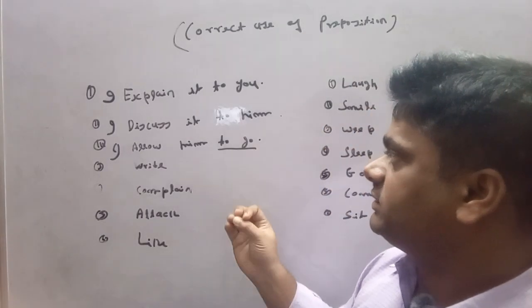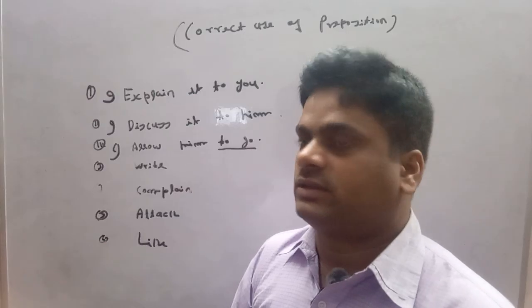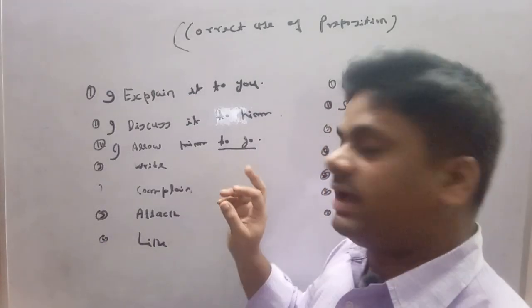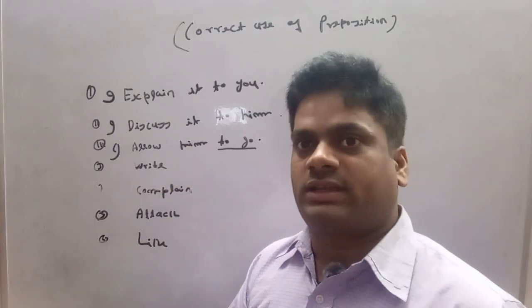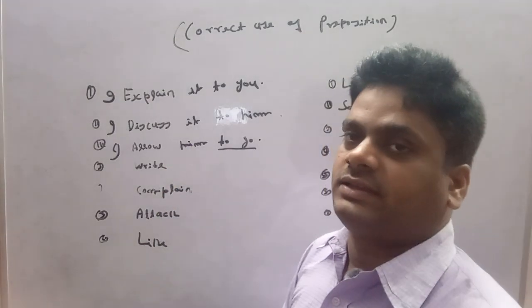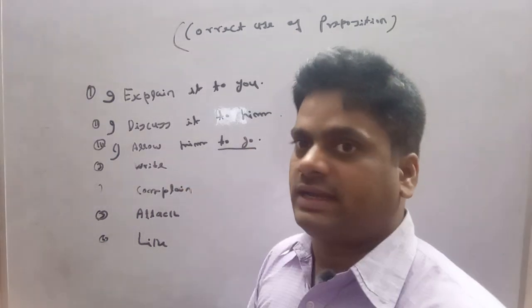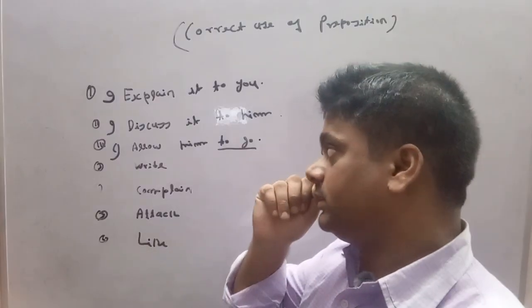To go is working as an object in the sentence. Him is also working as an object in the sentence. But the difference between both the objects is that one is the primary object and another is the secondary object.